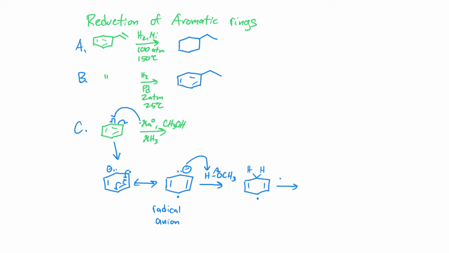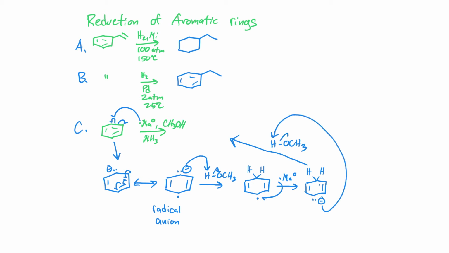Then another electron from sodium is donated right to the original radical. We have another anion, and I'm going to draw this back here because we're done. This anion, and again a standard proton transfer mechanism, produces the neutral species.